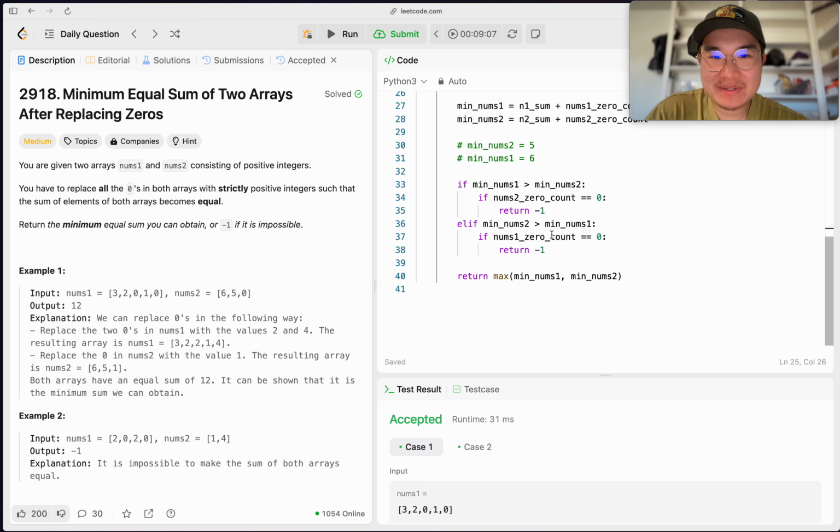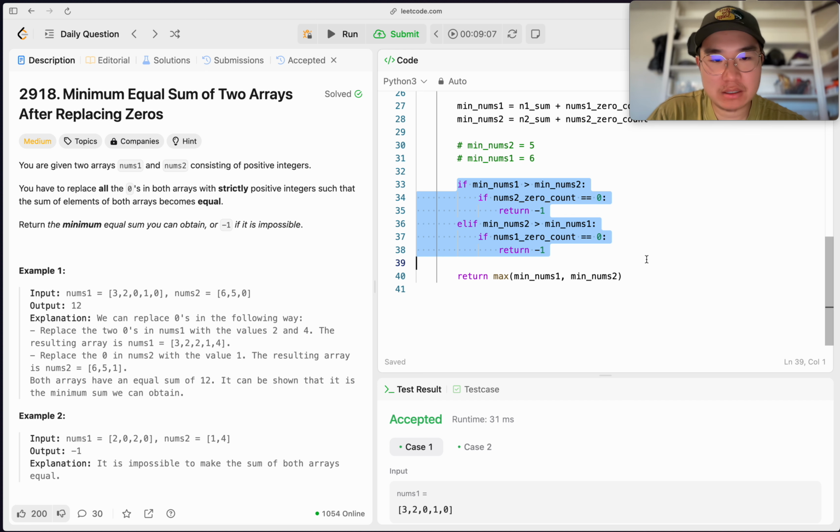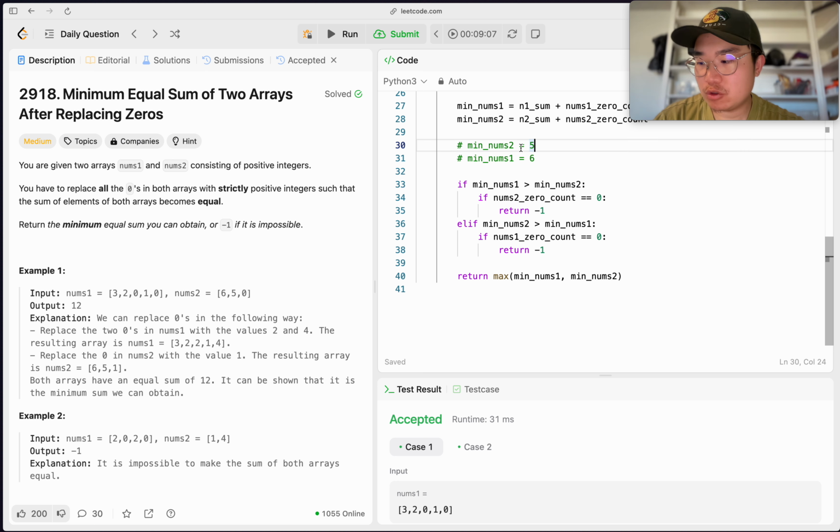It could get a little bit confusing at this stage right here. It just took me a second to really think about it. But I think it's pretty easy because we can make up any number we want. So let's just take this case for example, where min of nums2 is 5 and min of nums1 is 6, so it would go into this one.